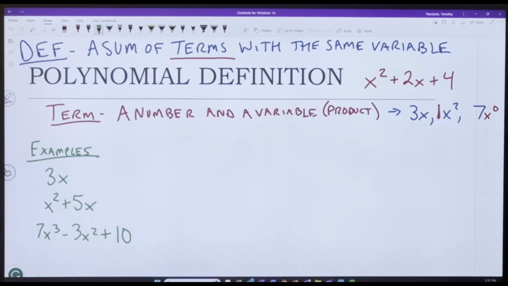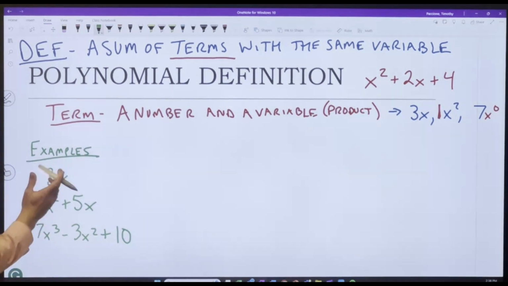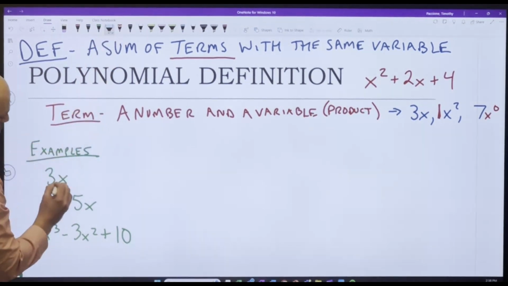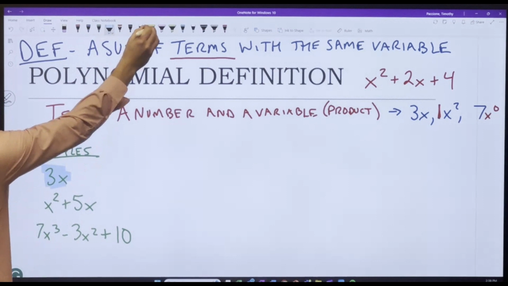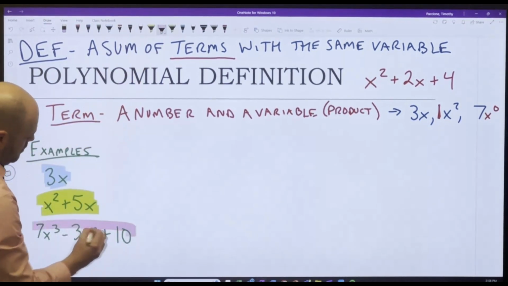Okay, those are all polynomials. Anybody have any issue with these based on our original definition? Our definition was a sum of terms with the same variable. Here are my examples.